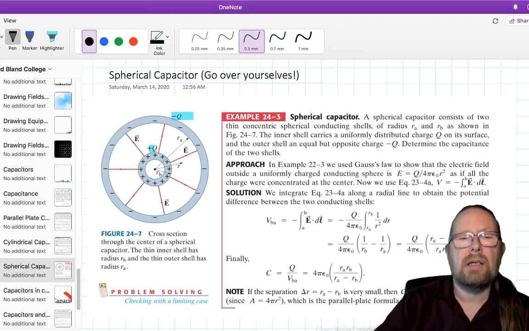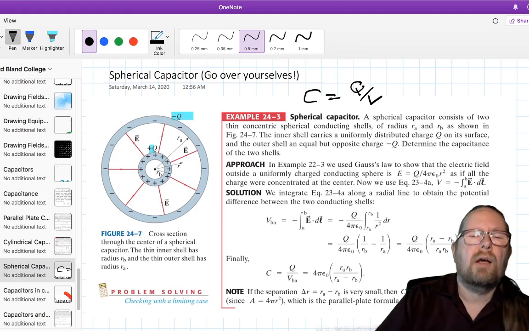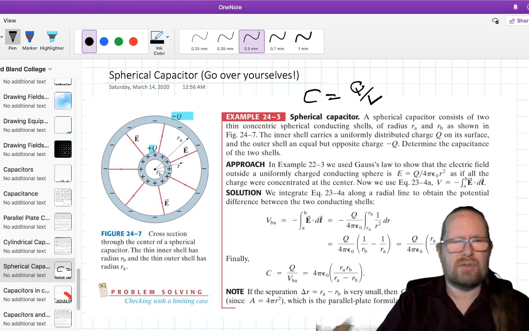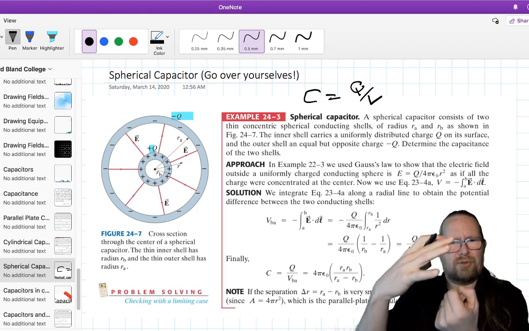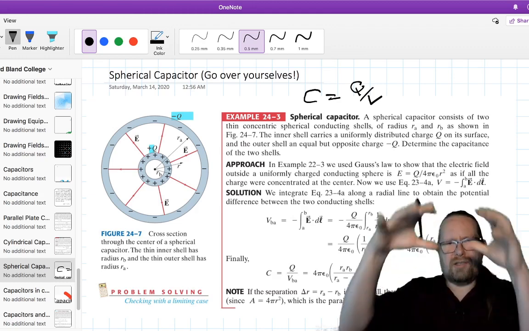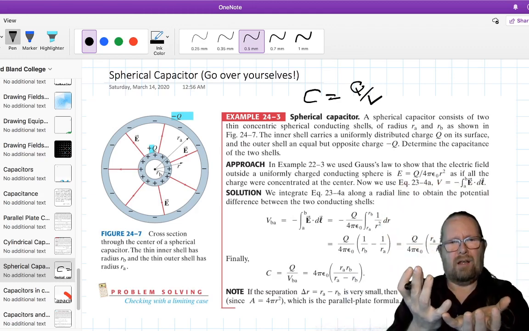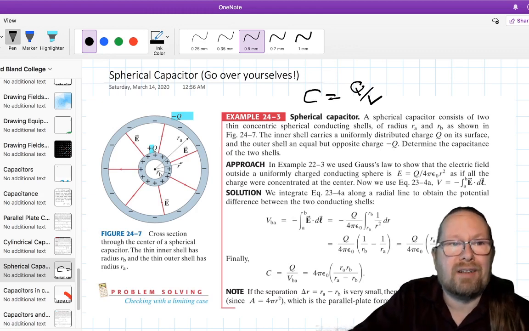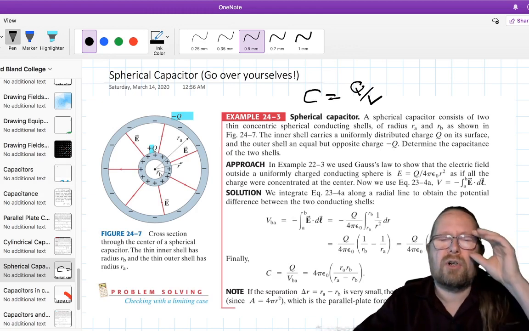Remember, C is equal to Q over V. By the way, a spherical capacitor would be very hard to build, because how do you get charge in an electrical circuit? How would you get charge in the inside sphere if it's inside another sphere? You'd have to cut a hole in it. So these aren't really practical examples. These are just spheres floating in space with electrical charge on them.